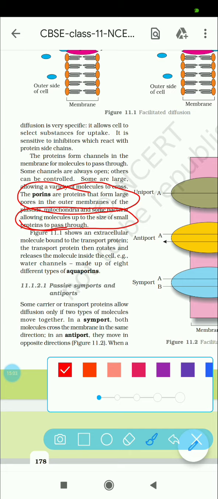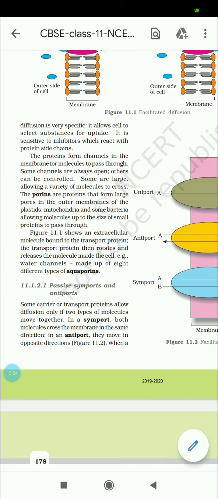Now they have given the example of something termed aquaporins. Aqua means water, and there are 8 different types of aquaporins which can help in transport. What they do is take a substance, rotate, and release the molecule inside the cell. Now try to understand this.